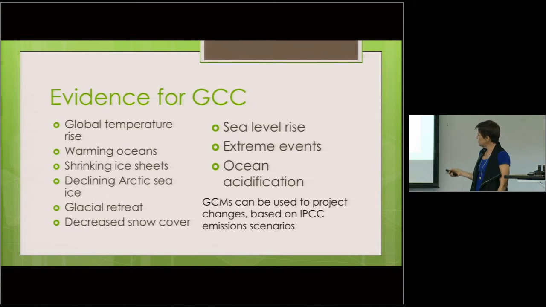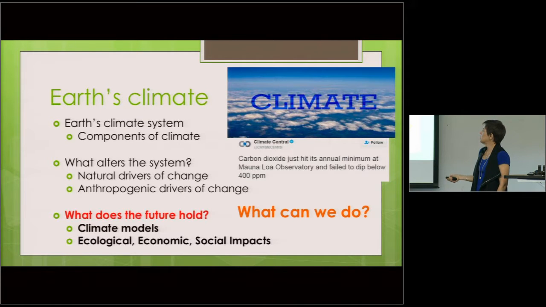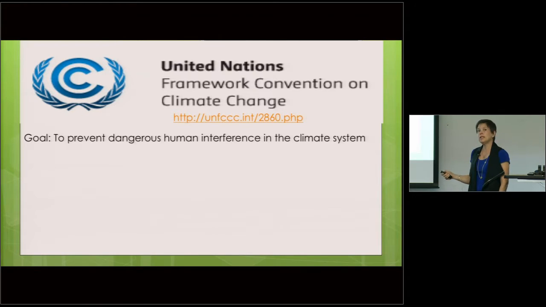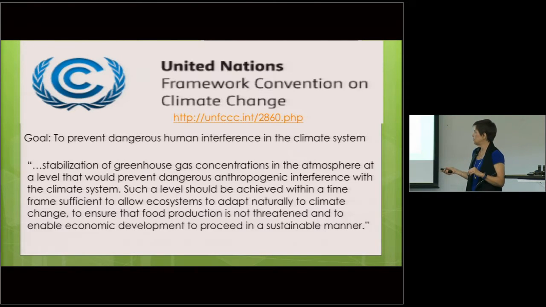Okay, so the next question is, what can we do? The Framework Convention on Climate Change has a goal, which basically is to prevent dangerous human interference in the climate system: stabilization of greenhouse gas concentrations in the atmosphere at a level that would prevent dangerous interference with the climate system.